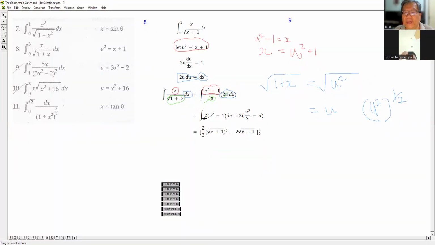If u square becomes u cube, but what is actually u? What is actually u? You see all the u here, u here, u here. Okay, from this part, u square equal to x plus 1.